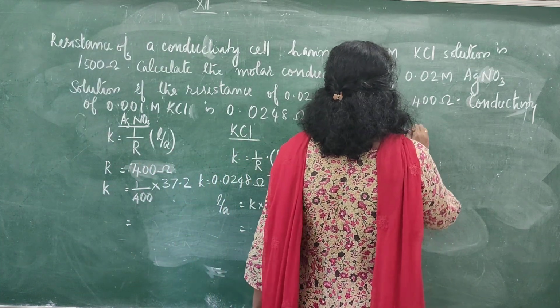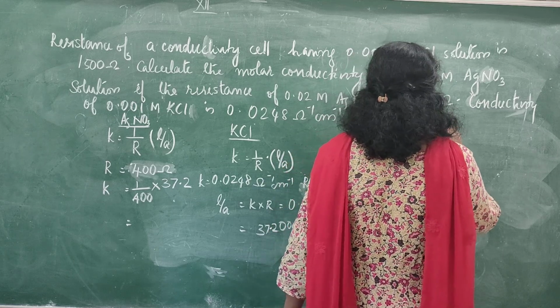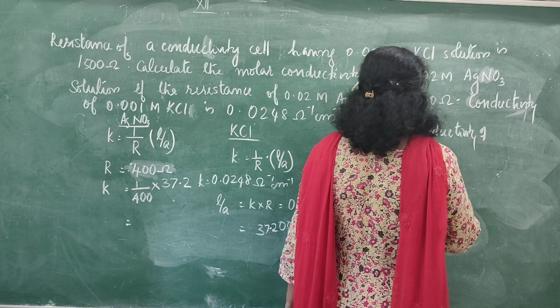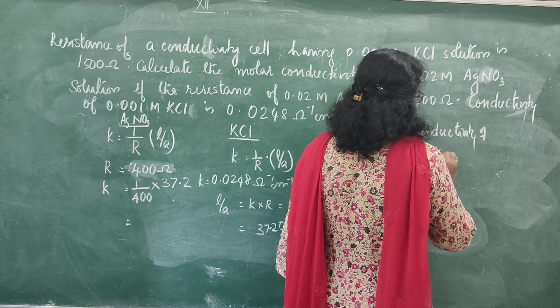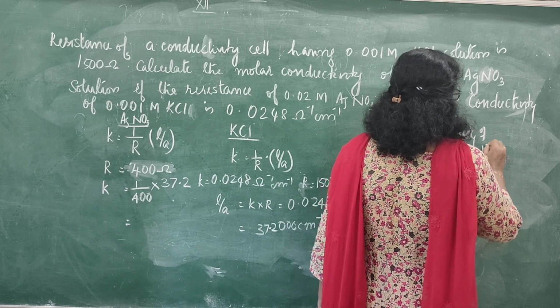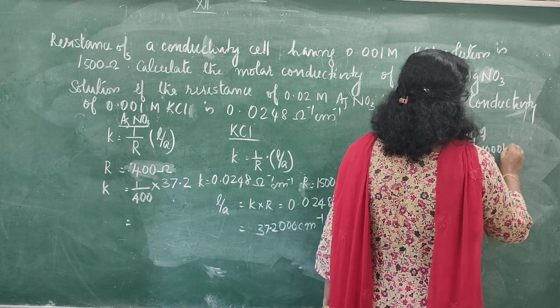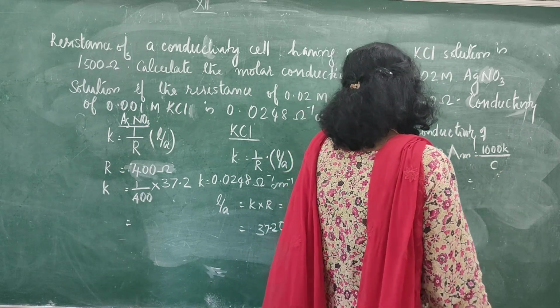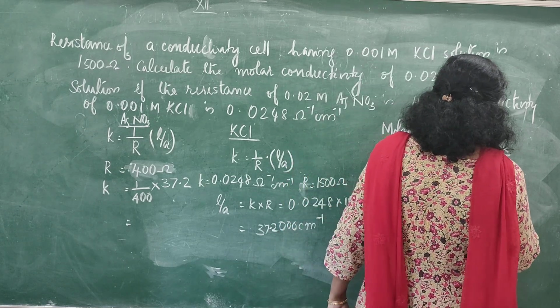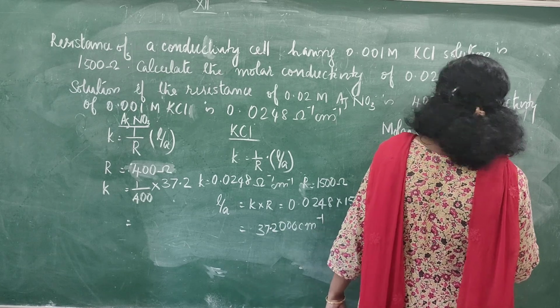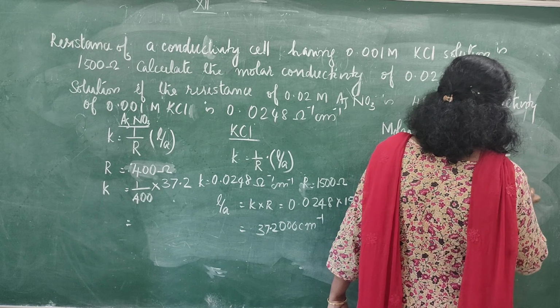What is the molar conductivity of AgNO3? Lambda m is equal to 1000 K by C. That is equal to 1000 into K, using that K, by C. What is the molarity? 0.02 molar.